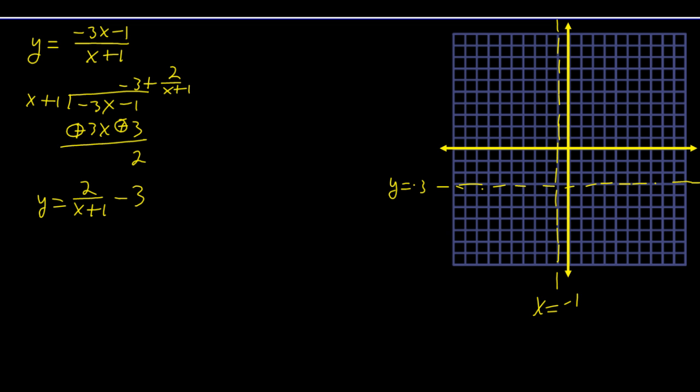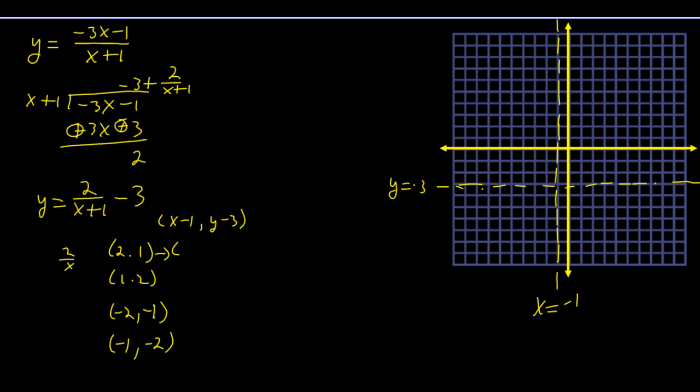My points for 2 over x would be (2, 1), (1, 2), (-2, -1), and (-1, -2). I remember what I'm doing is I'm going to say x minus 1, moving 1 to the left, and y minus 3.